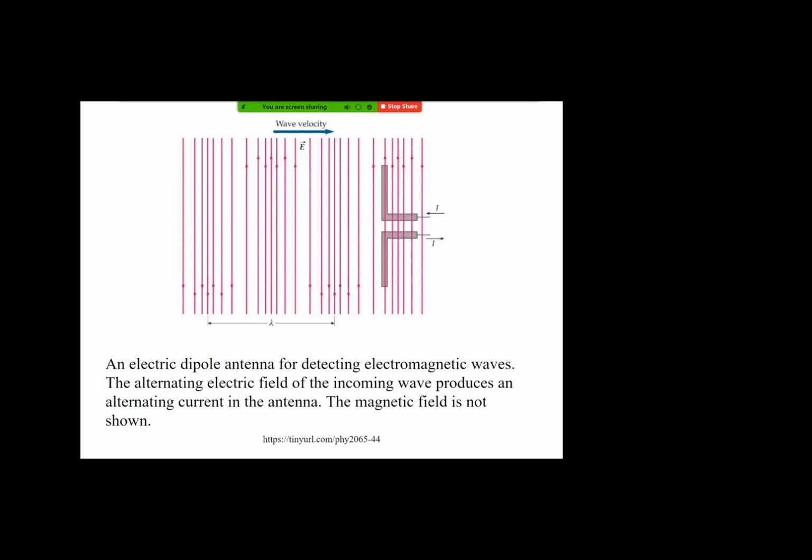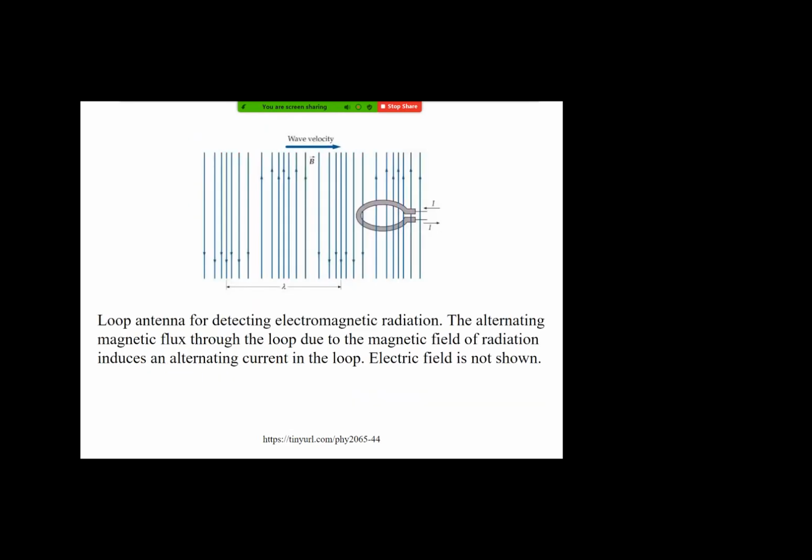That will generate a changing current, and the receiving end will receive the signal. On the other hand, if you have a magnetic field going through the loop, it varies in the loop and you generate a varying electric current. In that case, it will be received.